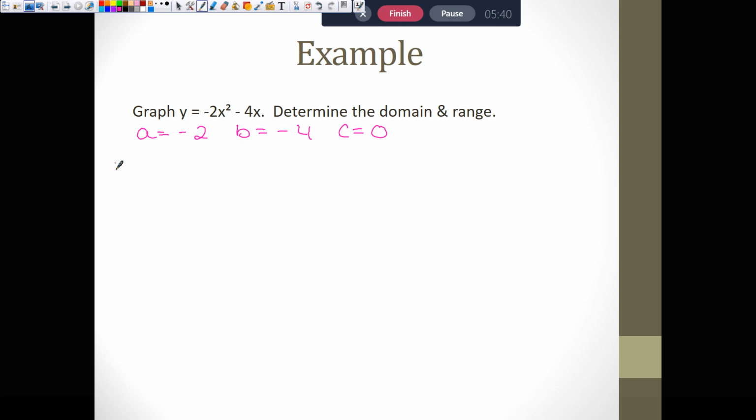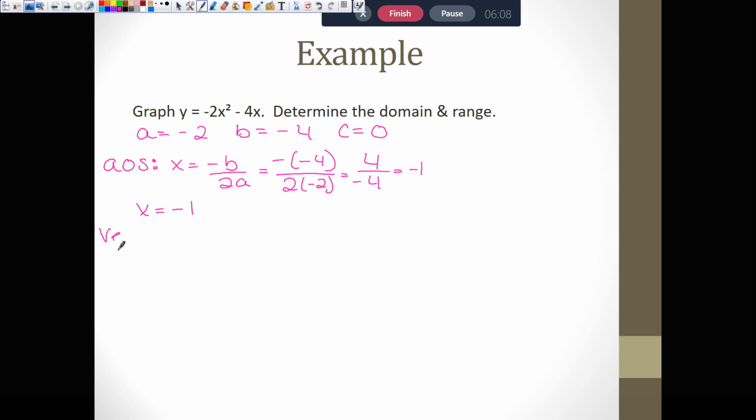So let's find our axis of symmetry. So that is x equals -b over 2a. So -4 over 2 times -2. So that will give me 4 over -4. So -1. So my axis of symmetry is x equals -1.